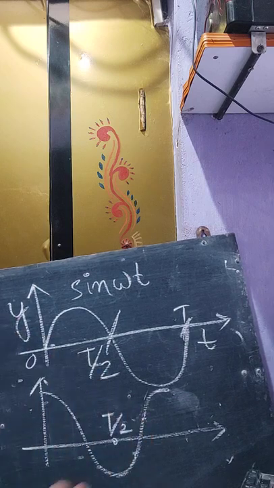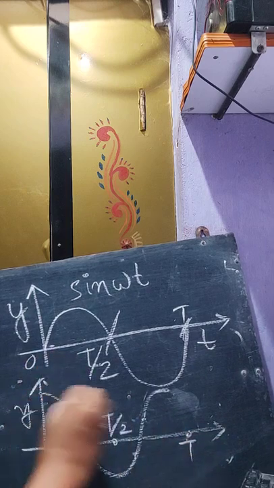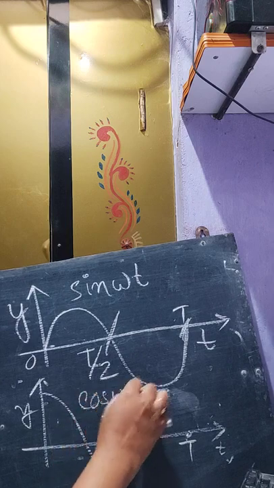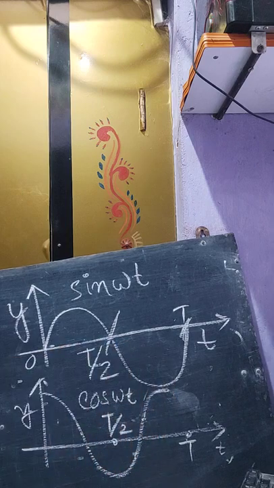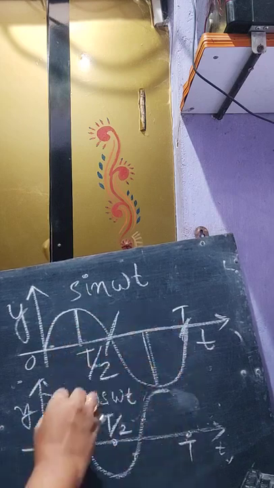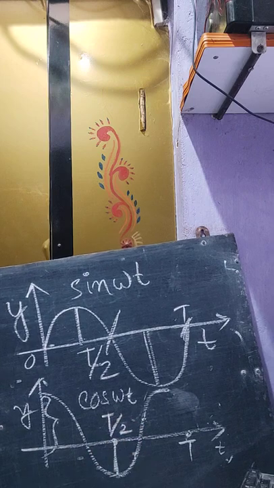This will be T by 2 and this will be T. So, this is the representation of cos omega t, right? And what is A? A is basically this amplitude. Here this is A, this is A. Hopefully it is clear to all.